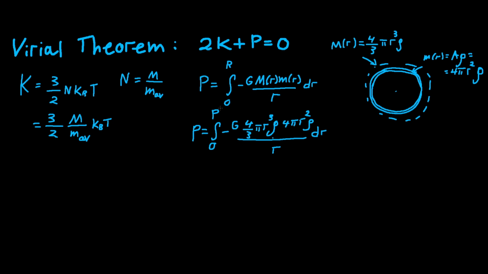And we can simplify this expression a lot. We can take out the constants, so we get 16/3 G pi squared rho squared. We have assumed that rho is a constant everywhere. 0 and r are the limits, and we get r to the 4th dr, because here we've got r to the 5th at the top, r at the bottom, so r to the 4th in the integral.